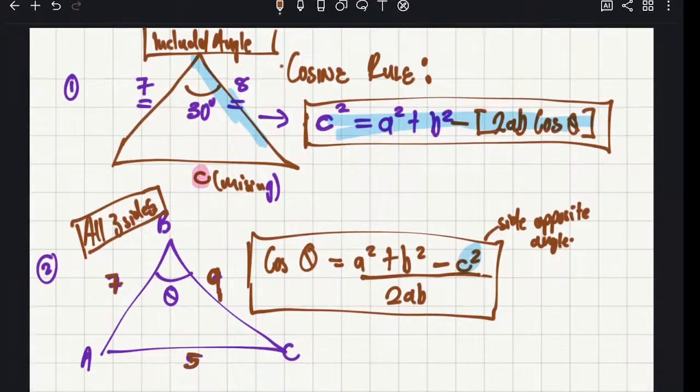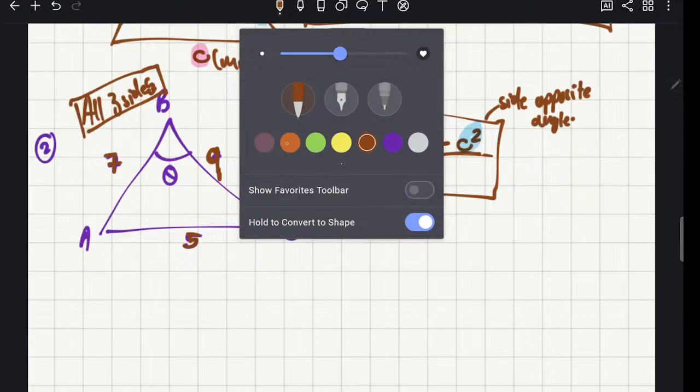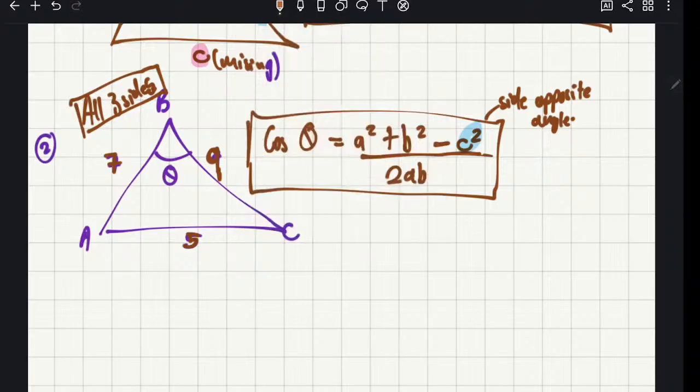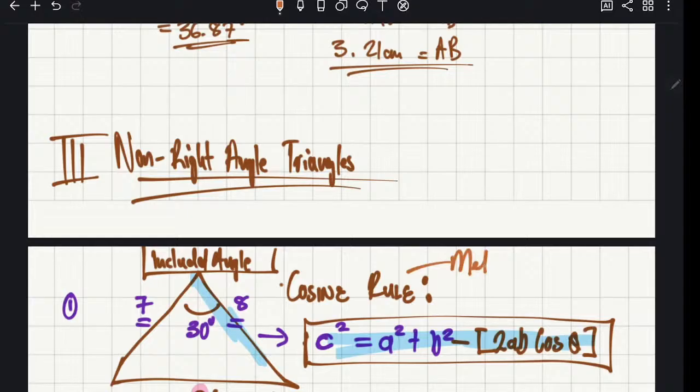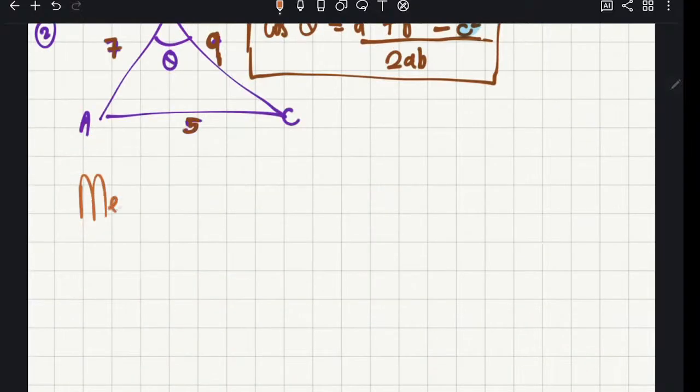This was method 1, the cosine rule. Method 2 is the sine rule. Write it, just write it.